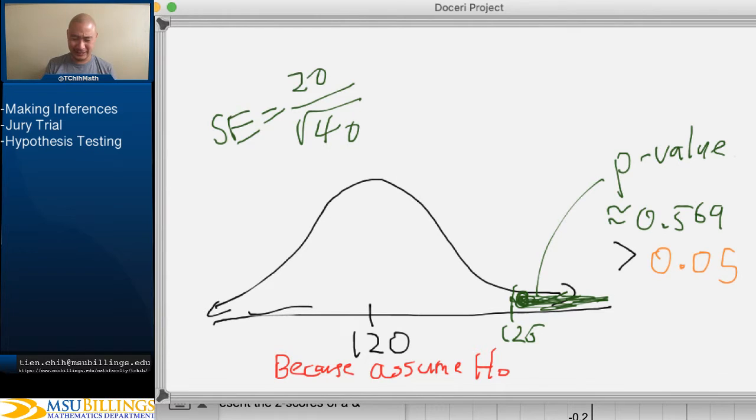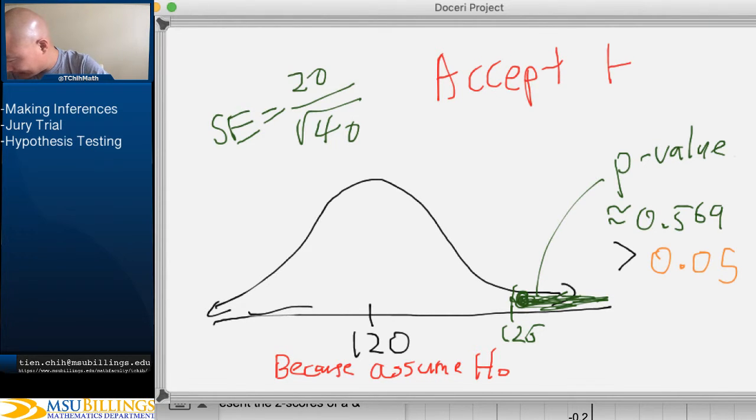That there's some chance that maybe if they weighed 120 pounds, that there's about a 5.7% chance that we'd see results like this. So that's not that uncommon. Maybe it's just due to chance. So in this case, we would have to accept the null hypothesis.